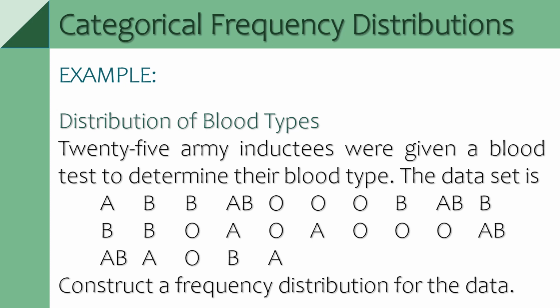And the data set is A, B, AB, BA, B, BO, A, BA, BO, A, OA, OO, BO, ABO, BAB. So we are tasked to construct the frequency distribution table for those data.